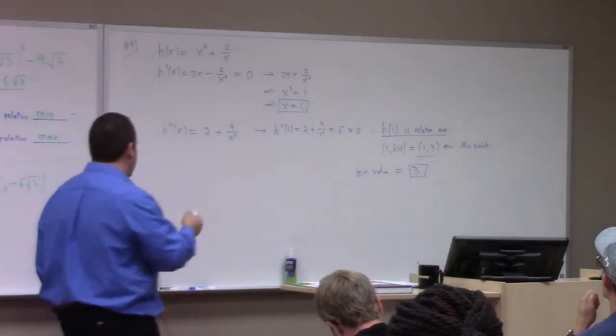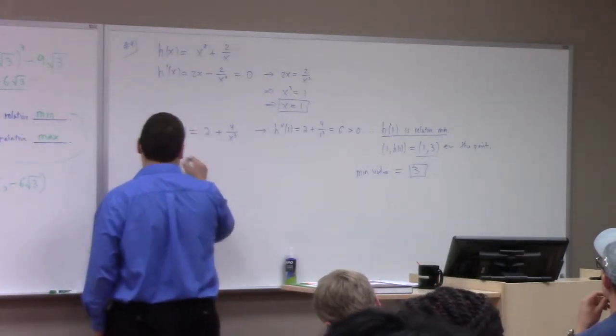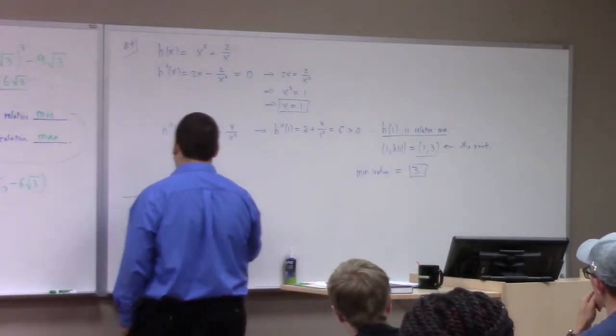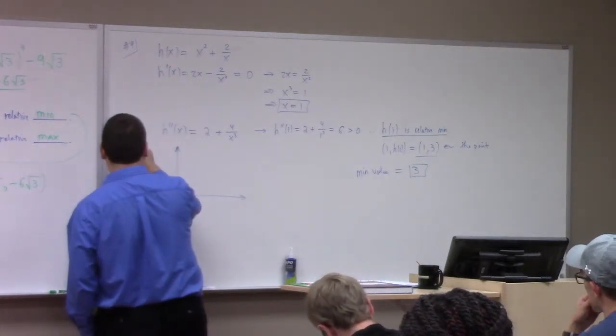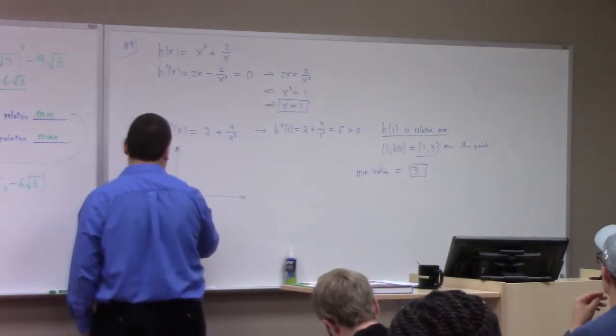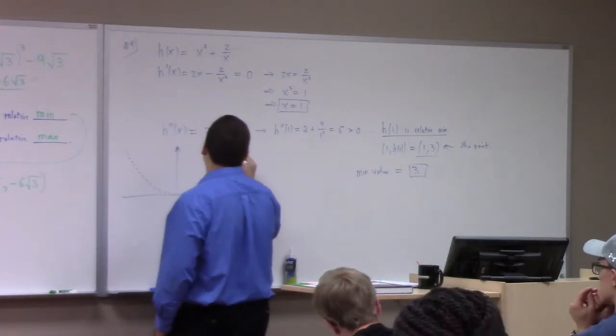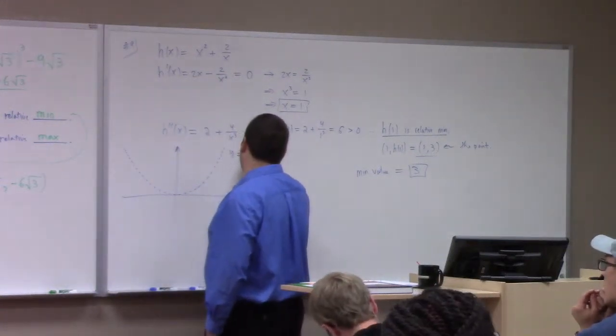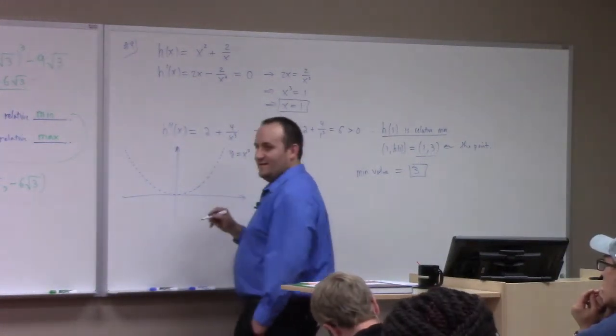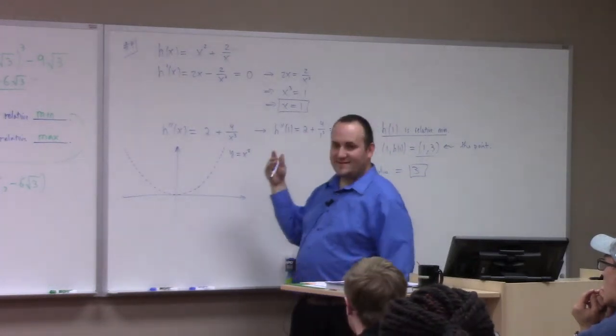This function is fun to graph. It looks like this. Let's say this is the graph of y equals x squared, and then you're adding 2 over x to that.